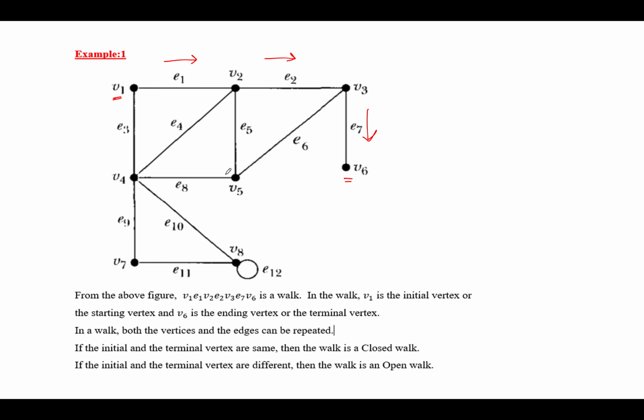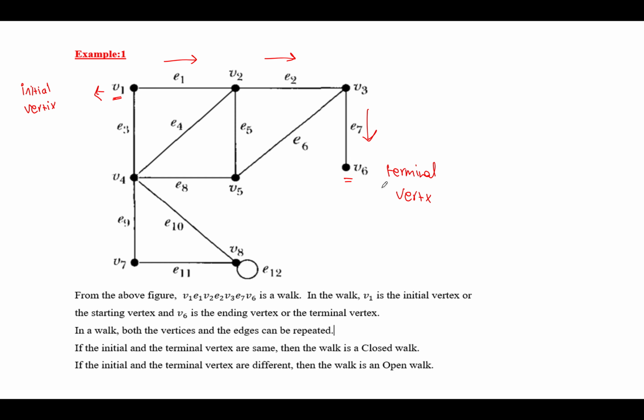All right. Now we got that V1 is the initial vertex, and V6 is the terminal vertex, where the walk is ending.